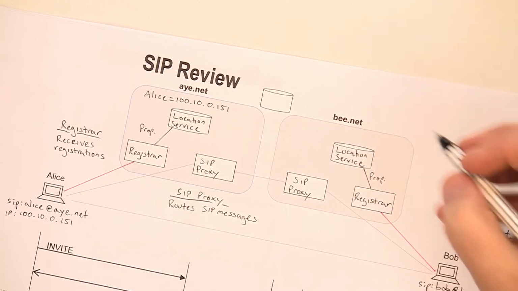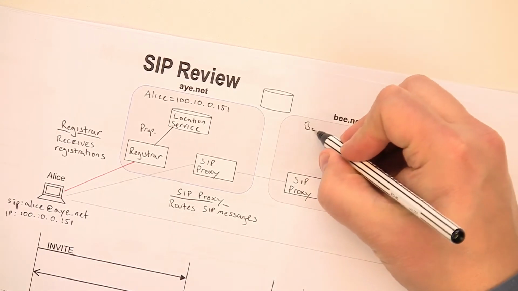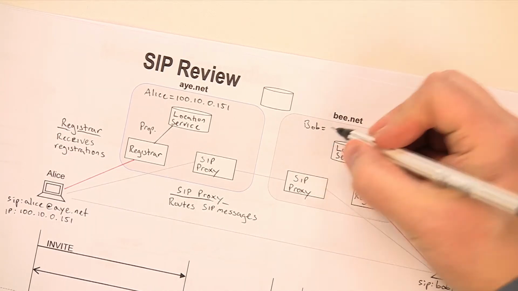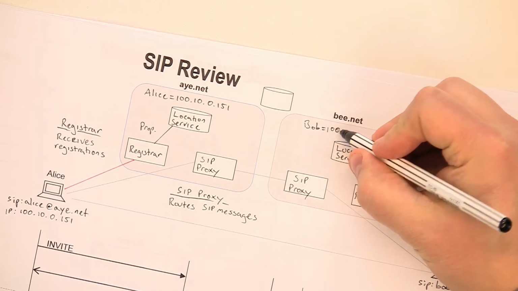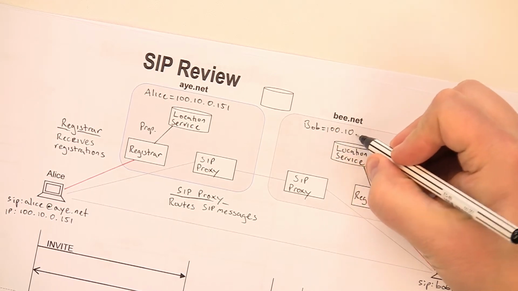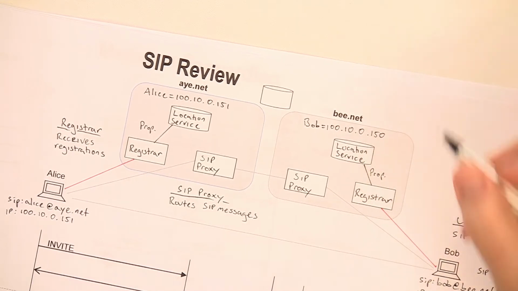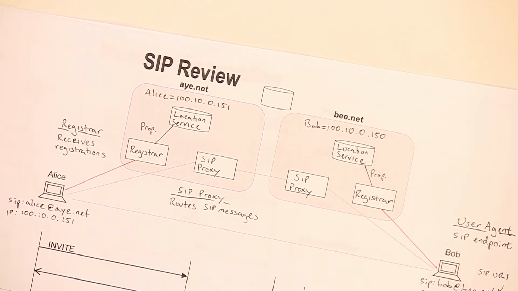And of course, the corresponding information for Bob is in the location service over here in B.net. So Bob is at 100.10.0.150.